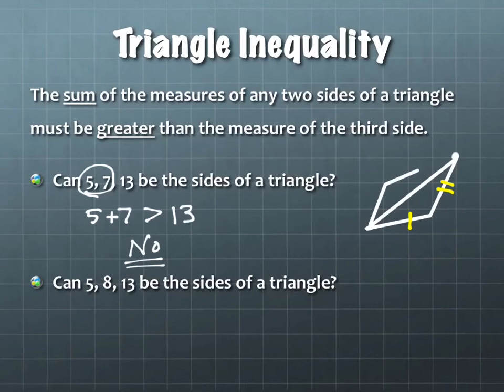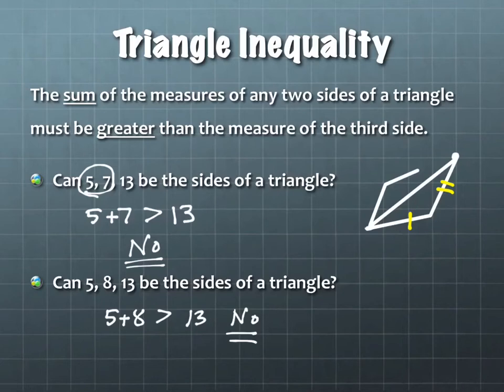If I try the next one, 5 and 8, are they greater than 13? No, they're equal. So again, if I tried to create a triangle, it would sort of collapse in on itself and it would just still be the same line segment. So this one doesn't work either.